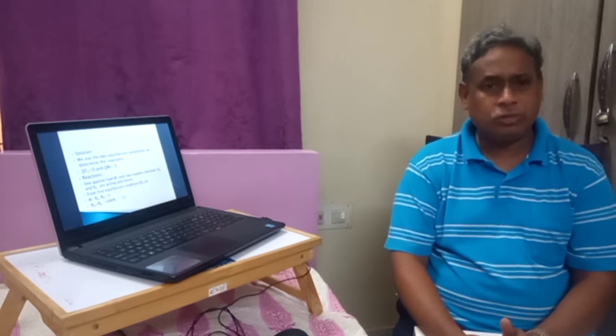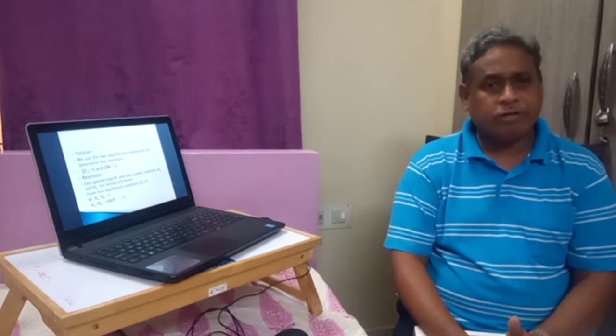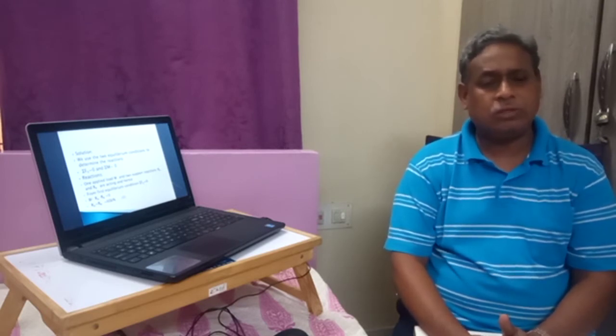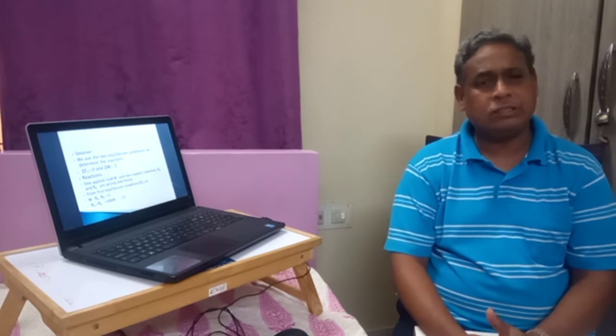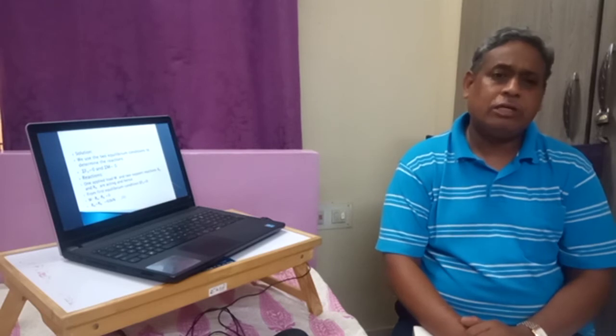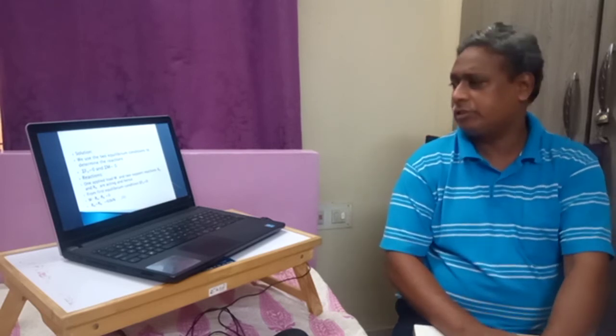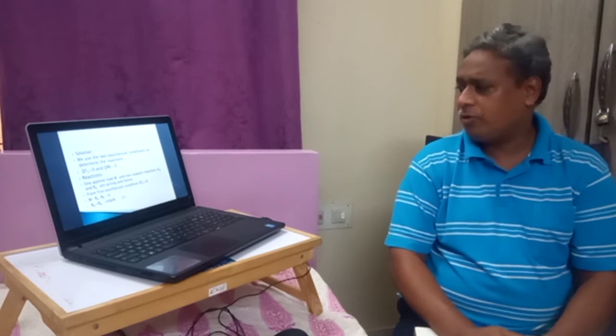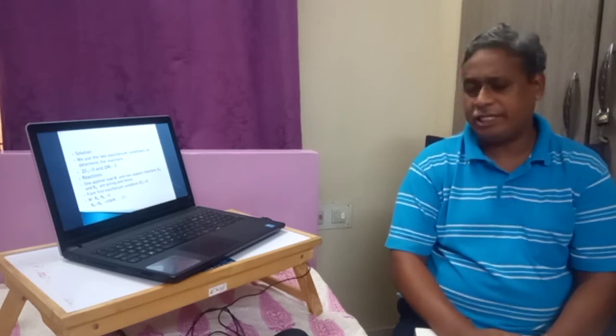We don't use the other equilibrium condition, sigma Fx is equal to 0, because in the case of beams we are not using any horizontal force, so there won't be any horizontal reaction, so that equilibrium condition is not considered. So one applied load W and two support reactions RA and RB are acting here.